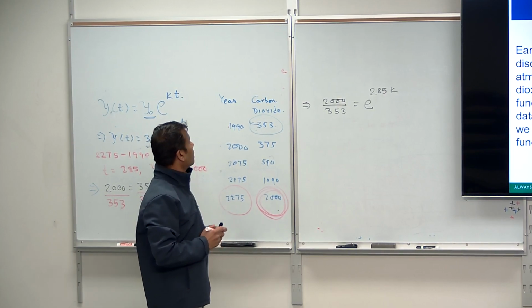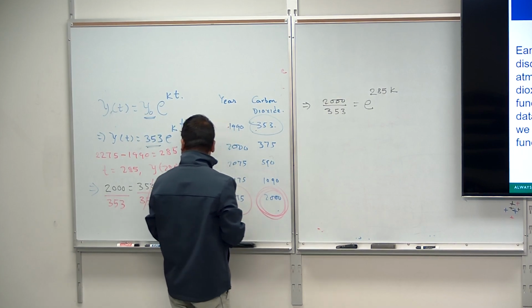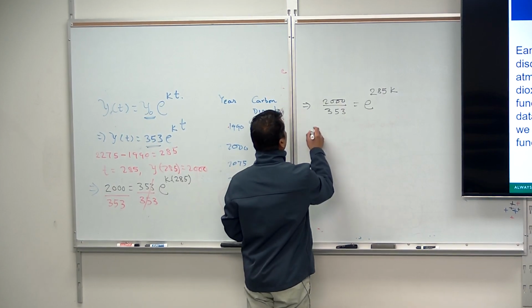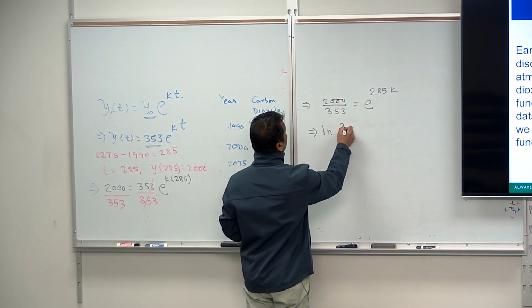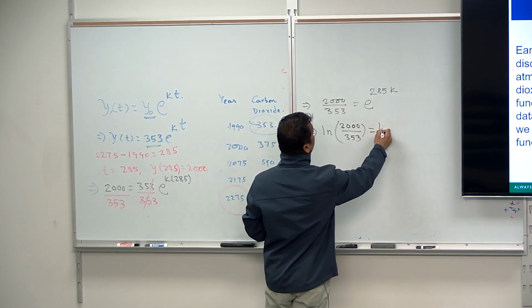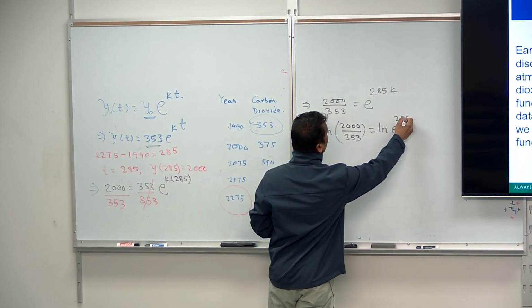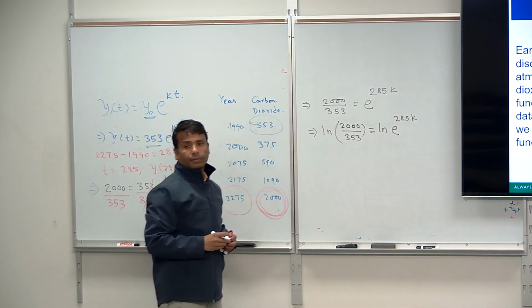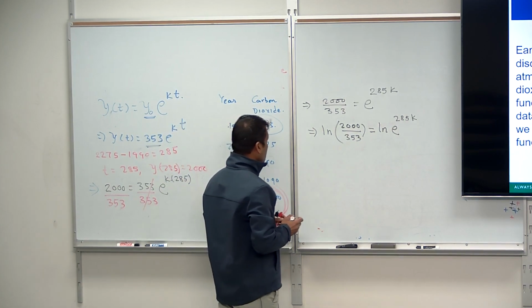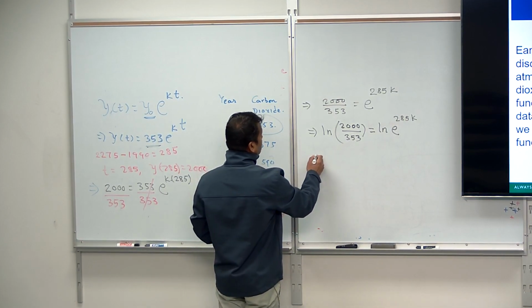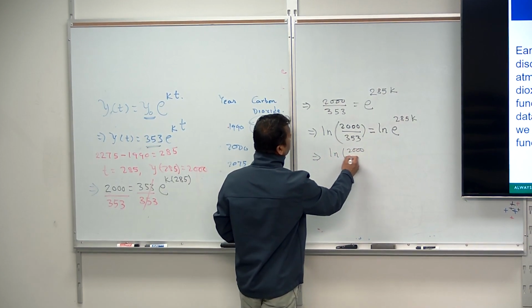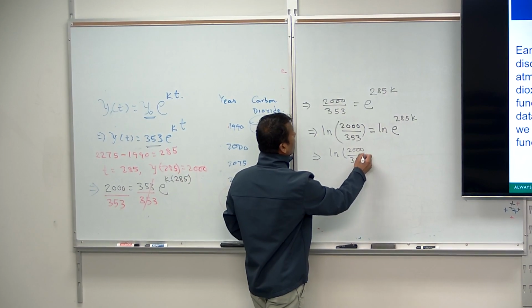Okay? So this is an exponential equation, so you take natural log on both sides. If you take natural log on both sides, you'll have ln 2000 over 353 equals ln e to the power 285k.